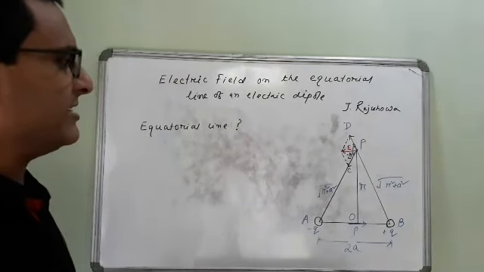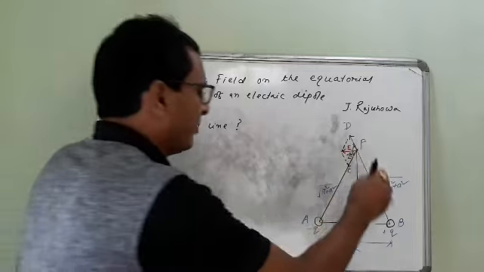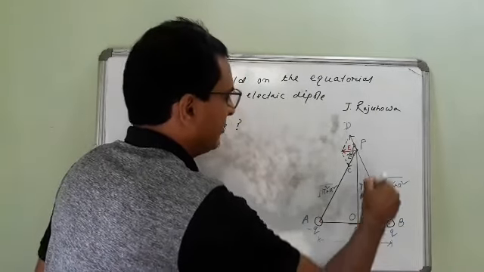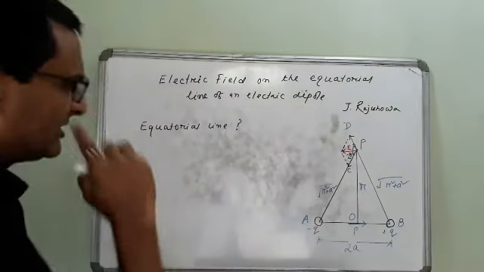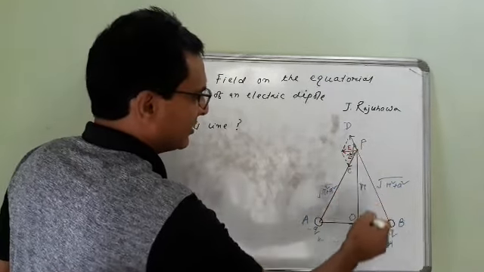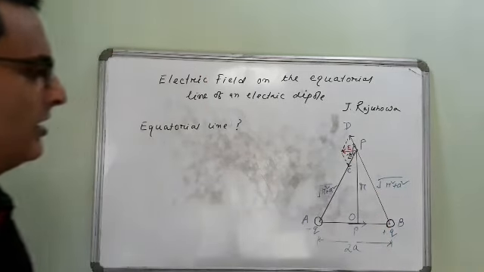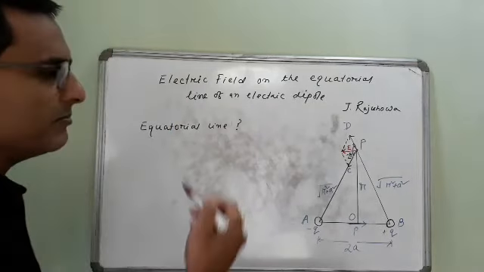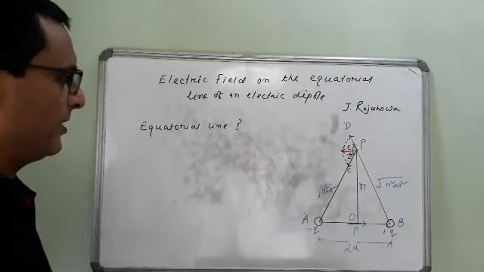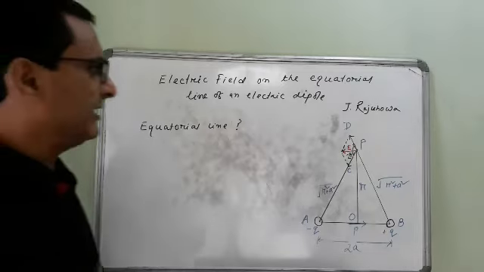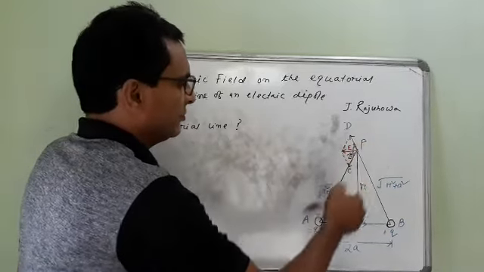Now we are to find the electric field at any point on this line due to this dipole. So let us consider a point P, at distance R from the midpoint of the dipole. Okay. Now, how do we calculate the electric field due to this dipole?